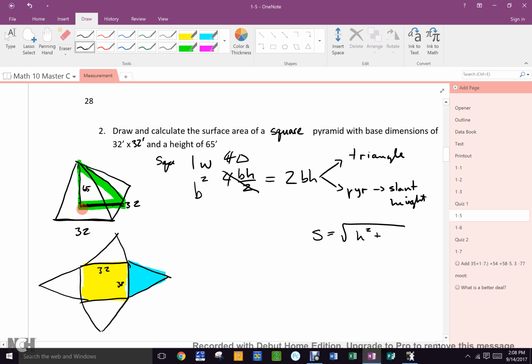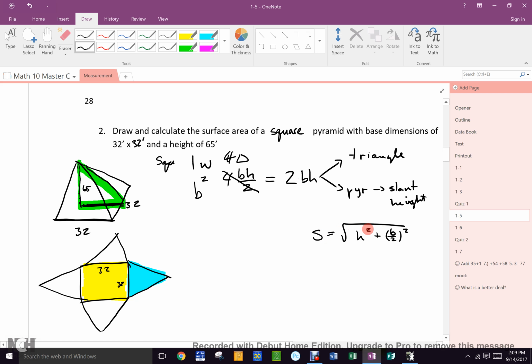Because you go up to the middle, plus the base divided by 2 squared. Again, is any of this math complicated? It's all the stuff you already know. Pythagoras, I learned that in grade 6. Base times height, I learned it in grade 3. Length times width, I learned that in grade 2. Putting it all together, that's what's difficult.